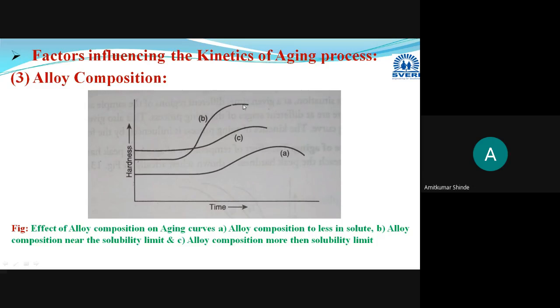High hardness in less time can be obtained by taking the alloying element percentage very near to the solubility limit. So this is the third factor which will affect the kinetics of the aging process.